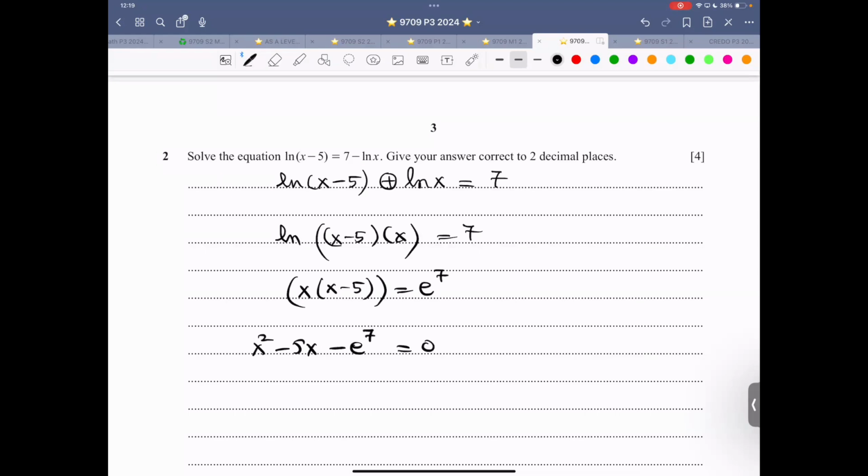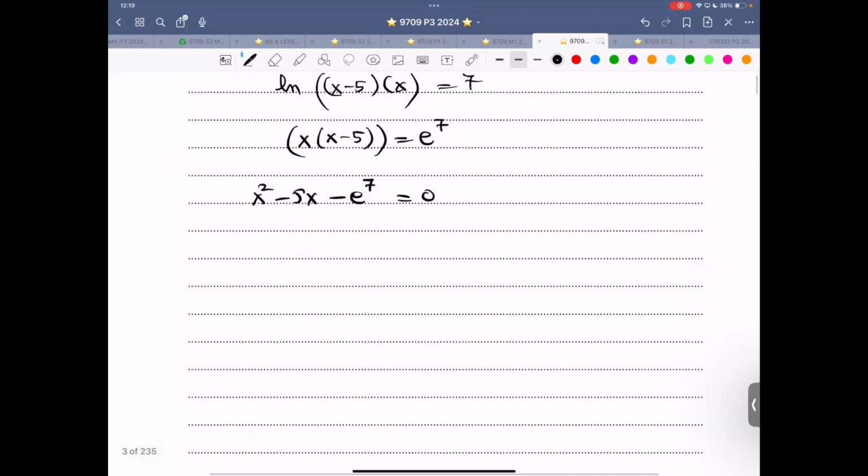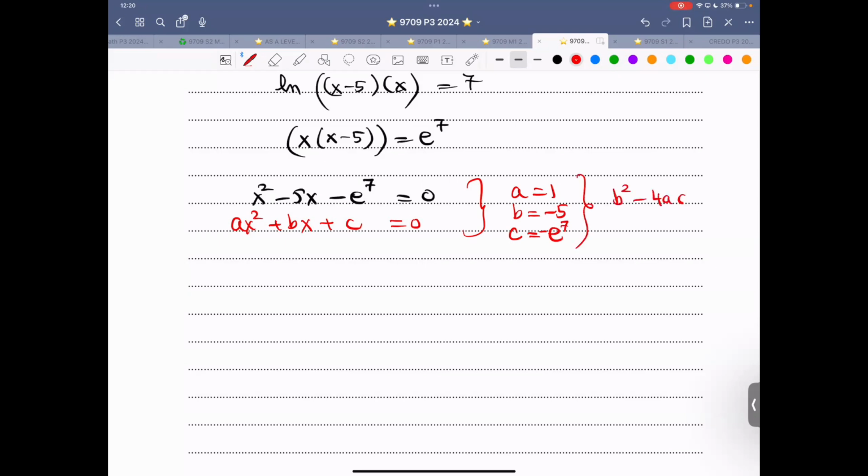Now, first of all, we know that it won't factorize. So compare it with ax squared plus bx plus c equals 0. A is 1, b is negative 5, c is e raised to power of 7 with a negative sign. So first evaluate b squared minus 4ac, which is negative 5 whole squared minus 4 into 1 into negative e raised to power of 7.